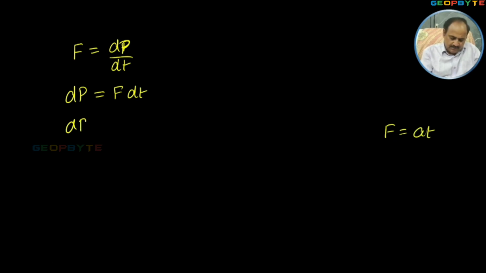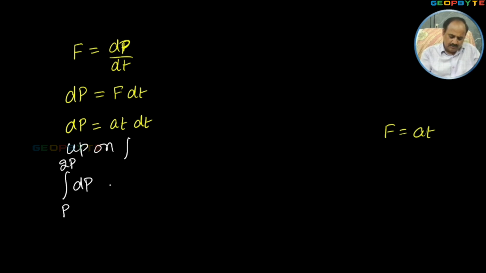So dp equals a t dt. Then upon integration, the integral of dp from lower limit p to upper limit 2p equals a constant times the integral of t dt from 0 to T.